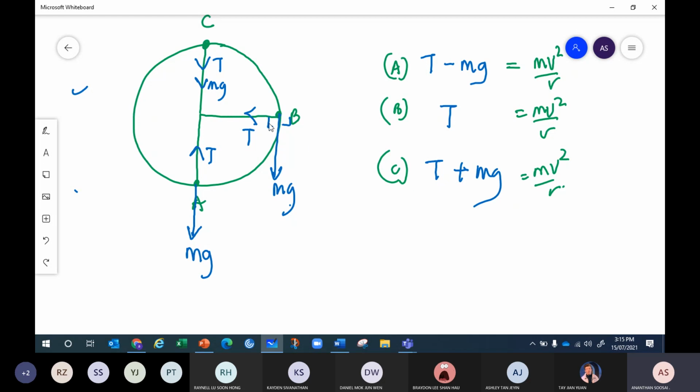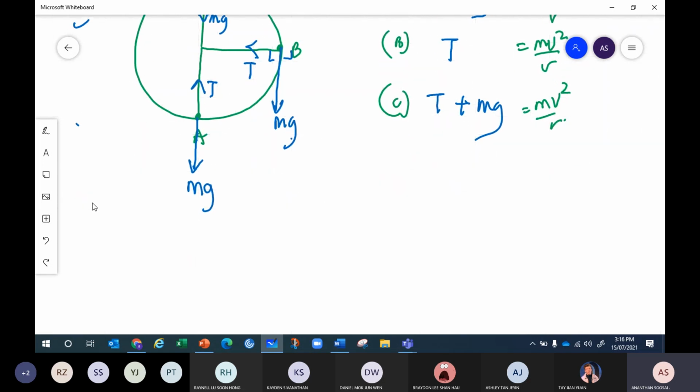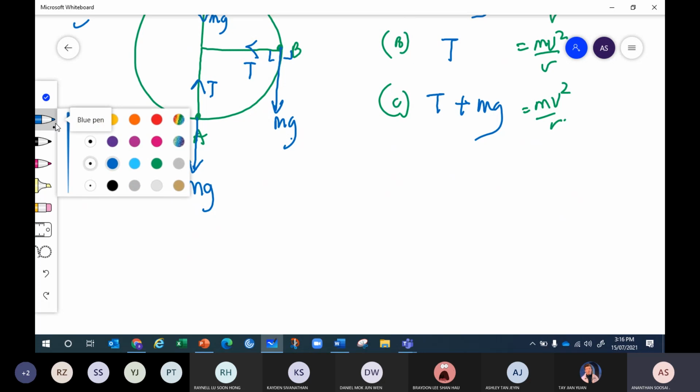Whatever force acting toward the center minus whatever force opposing is your centripetal force. Okay, now let's investigate this. Look at these three equations and imagine you are holding a string. It's very difficult to show. You must experience that. Maybe you can try this later.